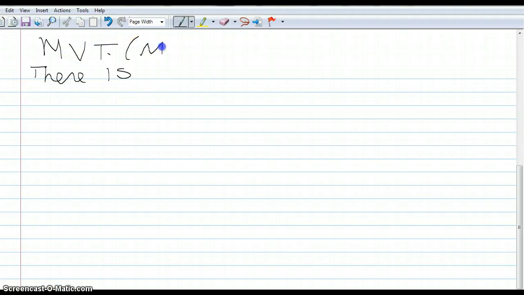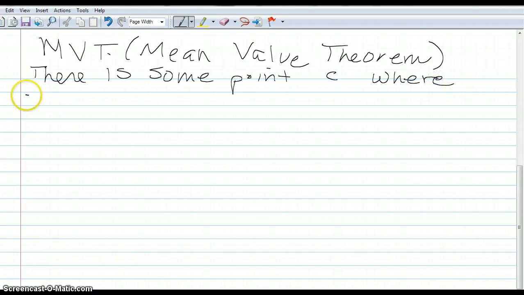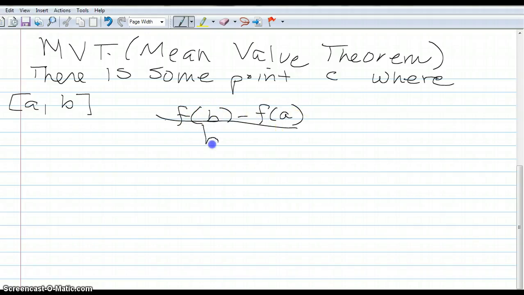For the mean value theorem, there is some point c where, remember we have our interval a to b, f of b minus f of a over b minus a is equal to f prime of c.